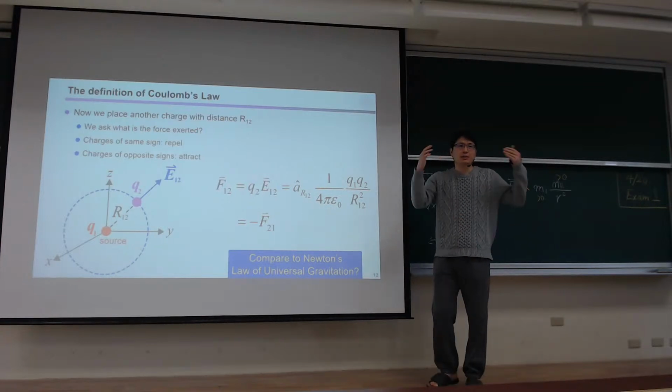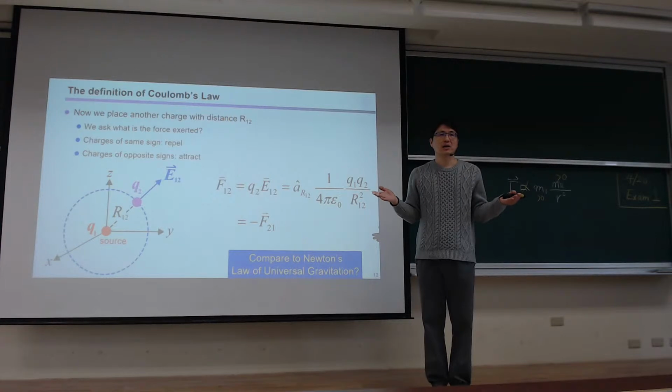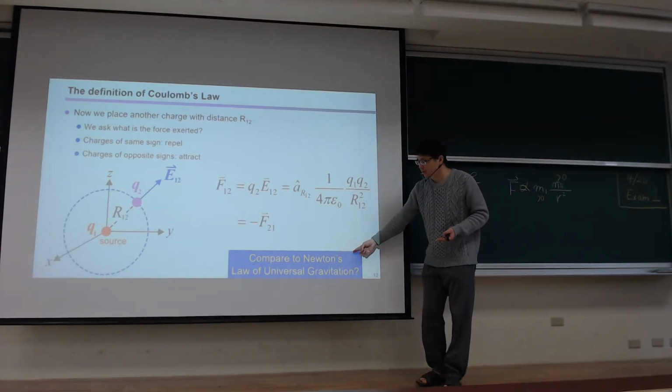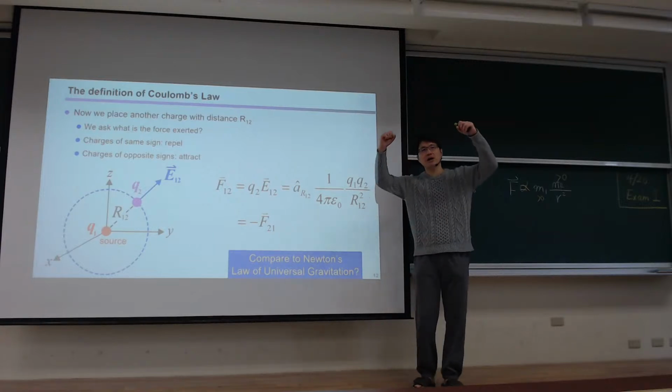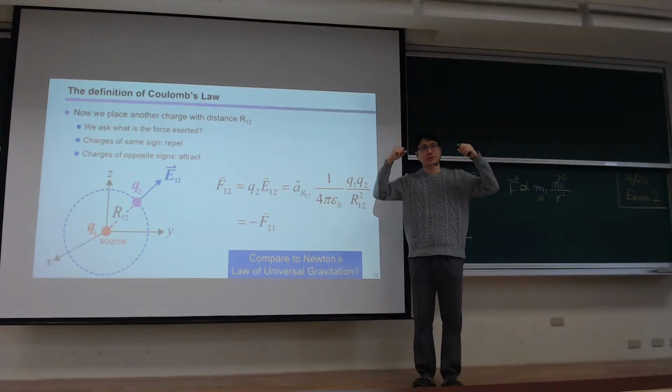But for masses, in the world that we're living in, masses are positive. So basically, for Newton's law of universal gravitation, if you have two masses, they always attract each other, right?